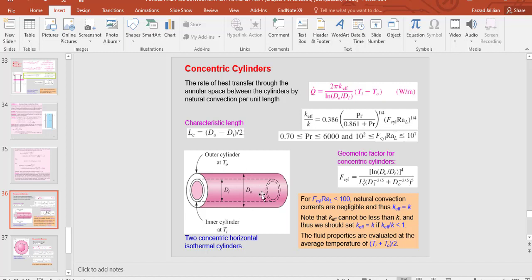So this geometry and orientation is two concentric horizontal isothermal cylinders. Now we are going to find out how is the heat transfer or natural heat transfer for a geometry like this. The rate of heat transfer for an object with this configuration and geometry can be defined by this equation, which is natural convection per unit length actually.